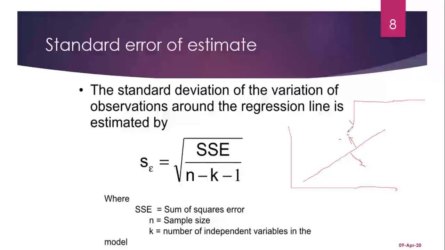If this is the point that you want to predict, and this is your original value, and this is your predicted value, then this is nothing but predicted value minus original value, squared. This is your prediction error.